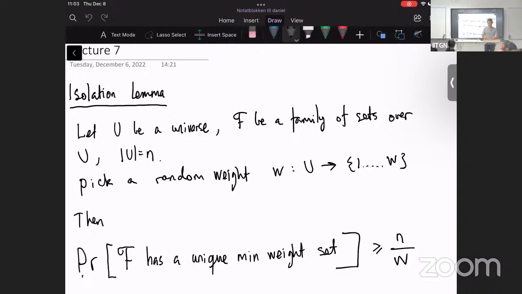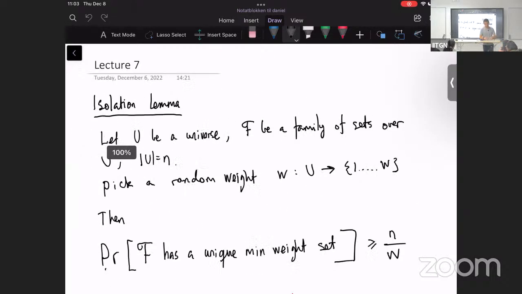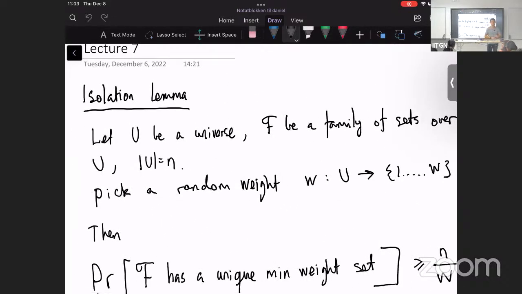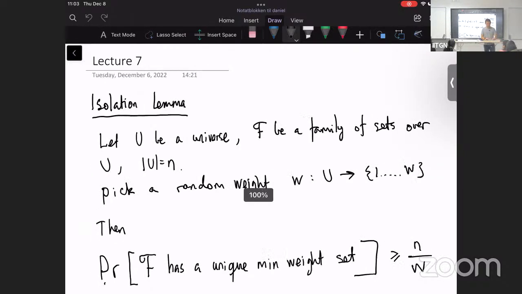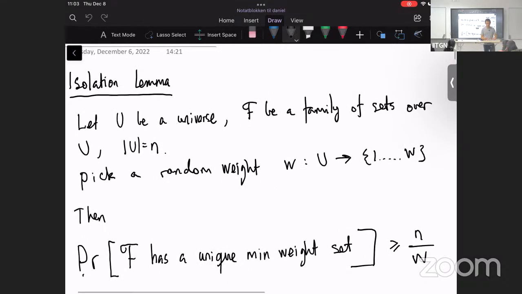In particular, we'll start out with, it's not an algebraic lemma at all, and rather a weight function lemma called the isolation lemma, which says the following. Suppose you have some universe U of size n, and you have a family of sets over this universe.